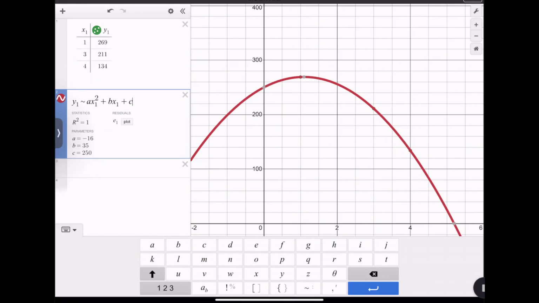You guys remember doing that? We did it for quadratic. We did it for cubic, logarithmic, exponential, and linear.